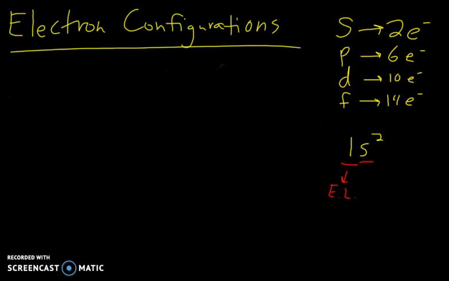Our S here, the letters, stand for the orbital that we're in. So in this case we are in an S orbital. You could have P, D, or F there as well. And then up here, this 2 tells you the number of electrons in that orbital.